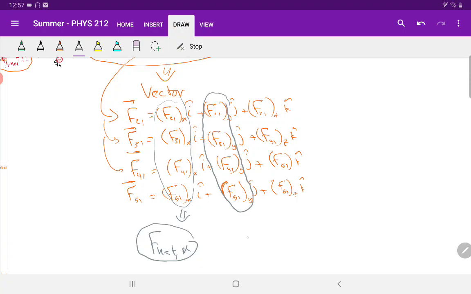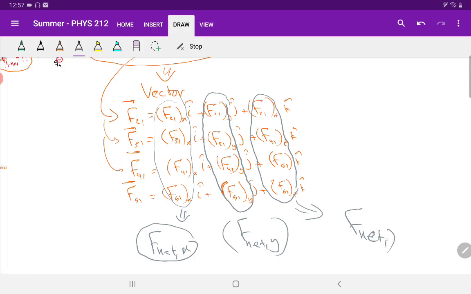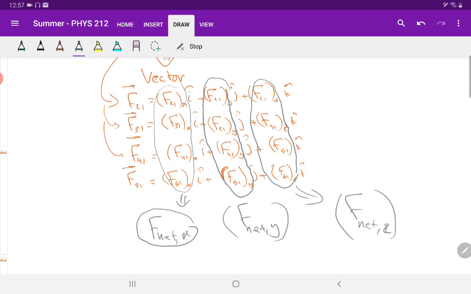The summation of all of these gives me F net y. And the same thing for the z component, which gives F net z hat. Now, these are the 3 types of components.